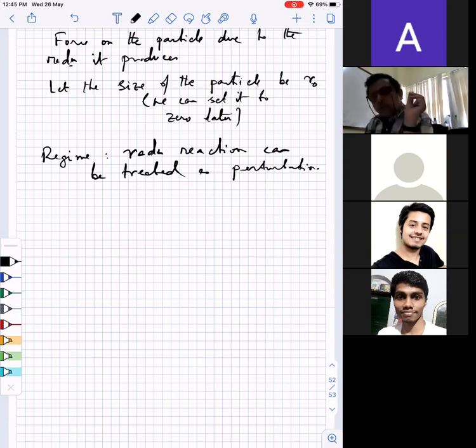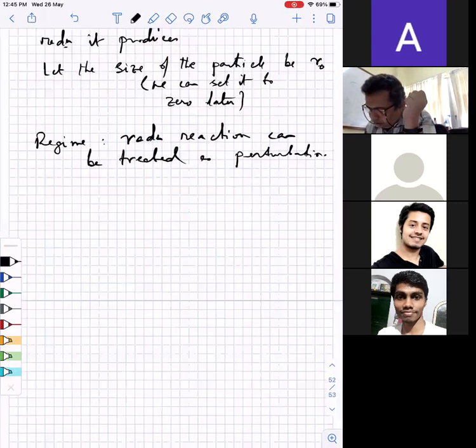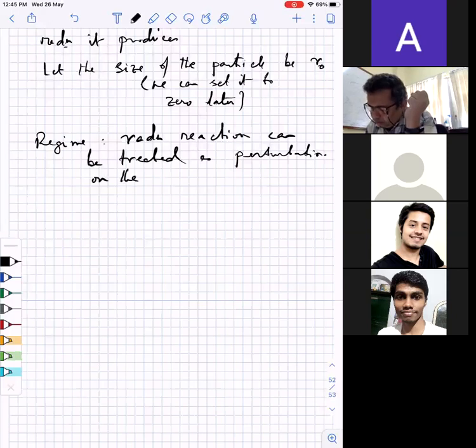It's a perturbation on the motion of the particle. As I said, if something is going around, it should not give away so much energy that it just collapses. Obviously your orbit will change, but it's a little change. A perturbation on the motion of the particle.